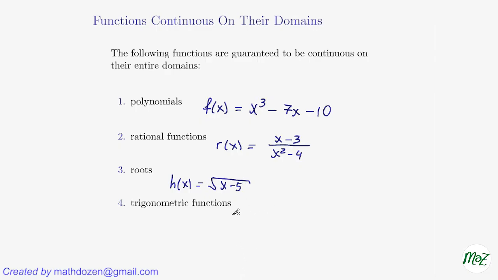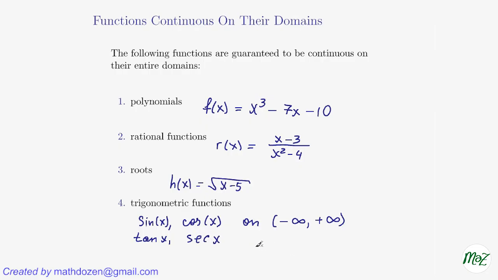And then all the trigonometric functions are continuous on their domains. Trigonometric functions include sine x, cosine x, those are good functions. They are continuous on all real numbers. And then there is tangent x and secant x.